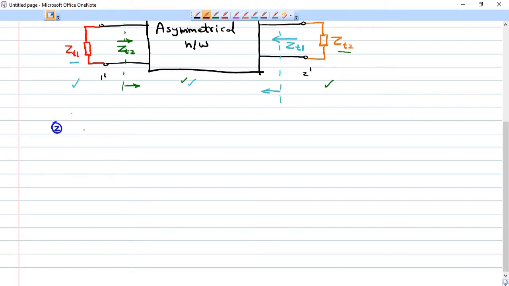The second characteristic parameter that we have defined is the image impedance, Zi.